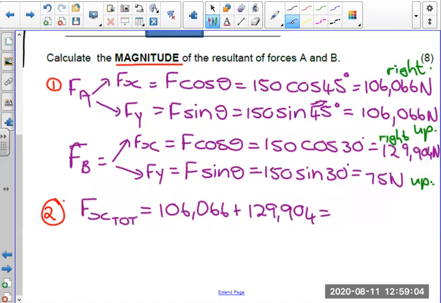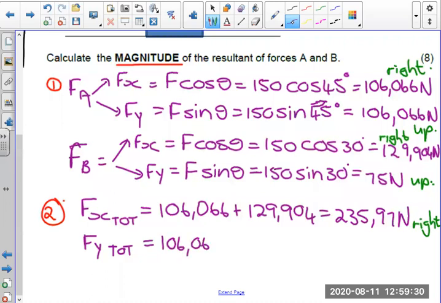And then if I add everything up to the right, I get a total of 235,97 newtons to the right. Again, I add up the y's for the next one. So Fy total, both of them are upwards, so I can say 106,066 plus the other one, which is 75.